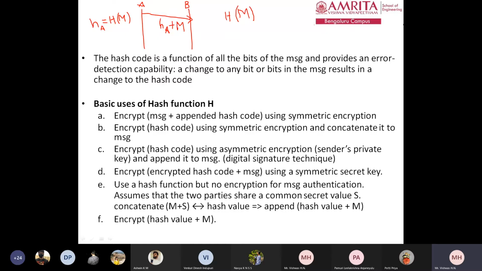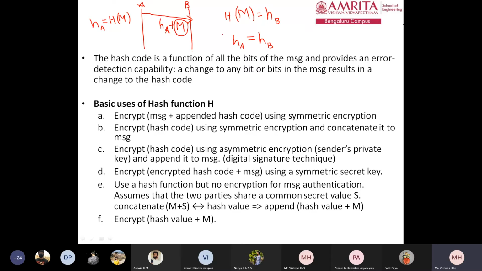So it will get a hash code of B. When hash code of A is equal to hash code of B, that means the message A has sent is not altered. You are proving the identity here.